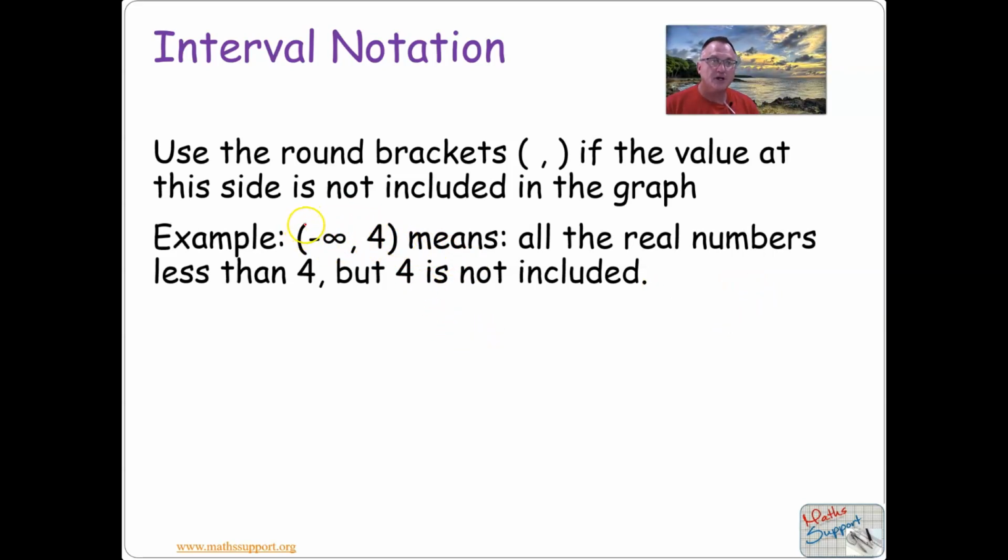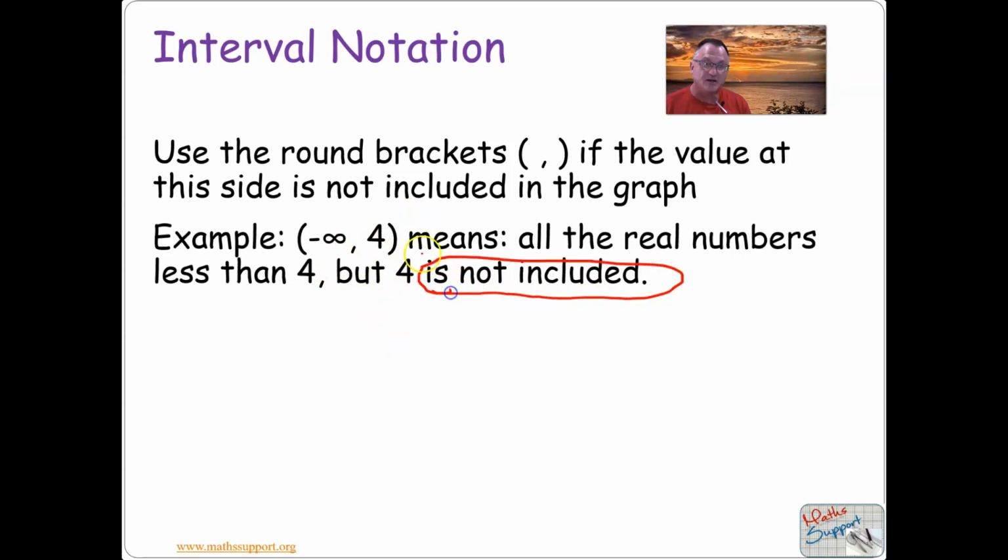You always put a parenthesis by an infinity sign because you can never reach infinity, so it can never really be included. To represent that, we use a parenthesis or a rounded bracket.